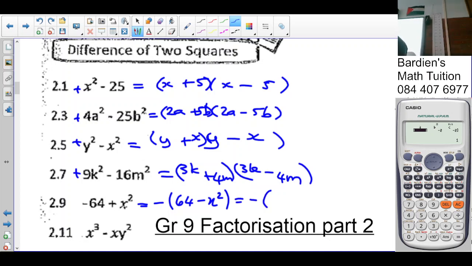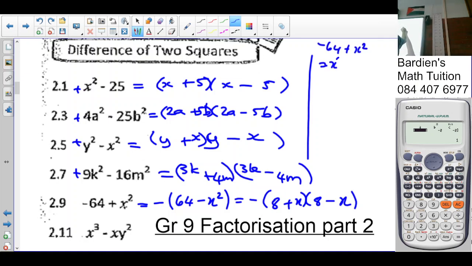The square root of 64 is 8, so 8 plus x or 8 minus x. That's one way. Otherwise, what I could have done was rearrange, which gives me x squared minus 64. So that gives me x plus 8 and x minus 8. That is full marks. If both, it's full marks. Yes, Michael?